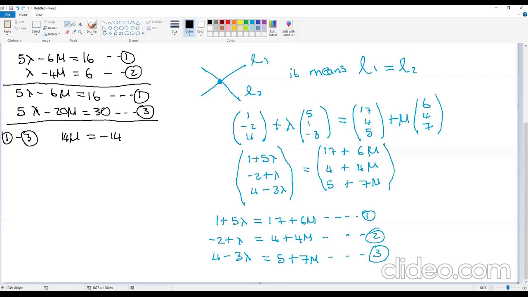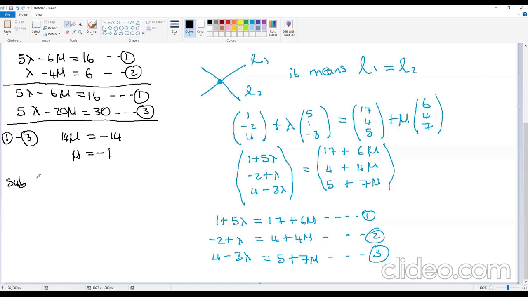Let me double check. Yeah, it is. Which means that mu is equal to minus 1. And then now, because you have mu is equal to minus 1, we can choose this one or this one. I'm just going to choose this one.